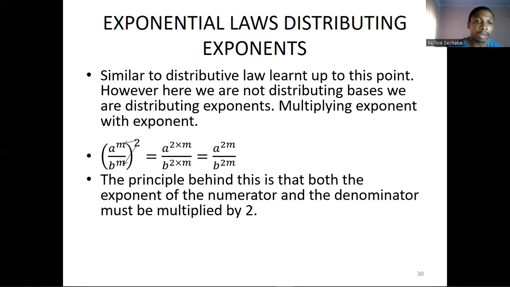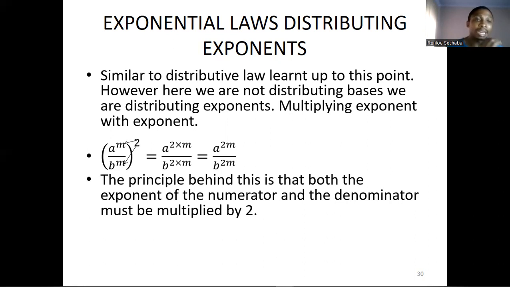I emphasize this. Please do not distribute across addition and subtraction. I repeat, please do not distribute across addition and subtraction. And pay attention to the addition and subtraction. When I have a number that is multiplied by a negative number, it doesn't mean that between those two numbers there's minus. There is multiplication, I just multiply.